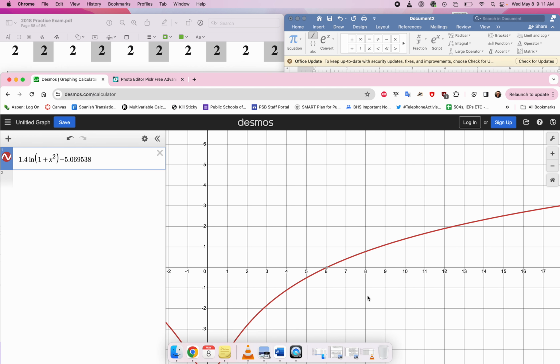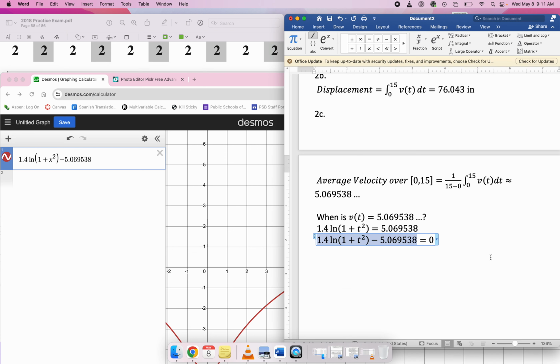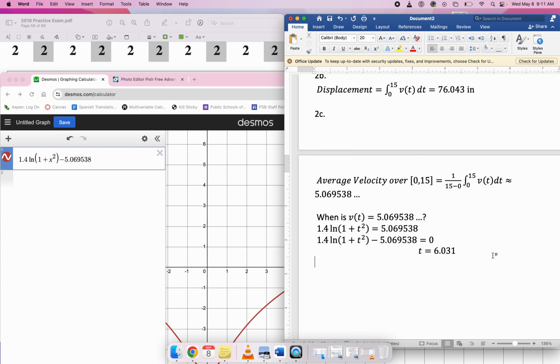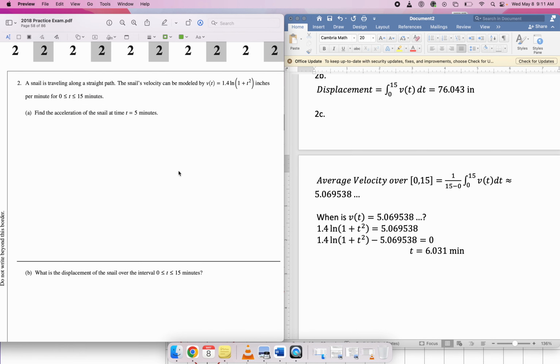Where is it equal to 0? Right here. Looks like right there, 6.031. So 6.031, that's measured in minutes. So that is the moment at which the average velocity matches the instantaneous velocity.